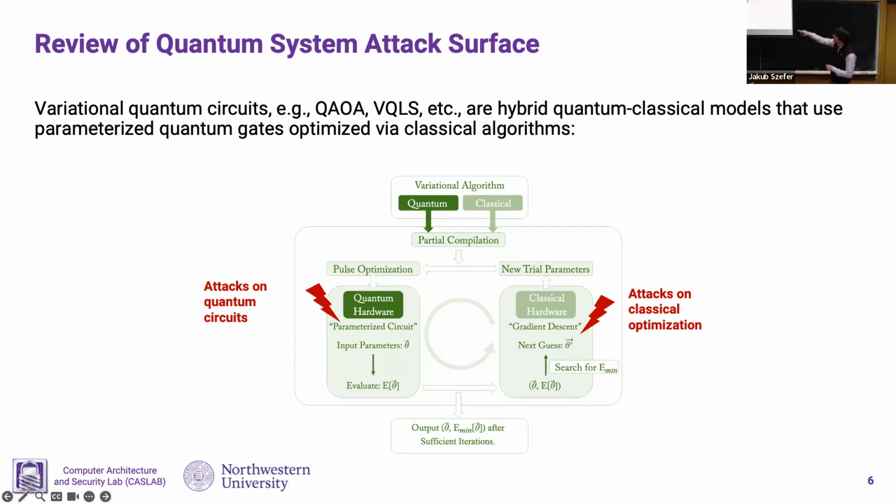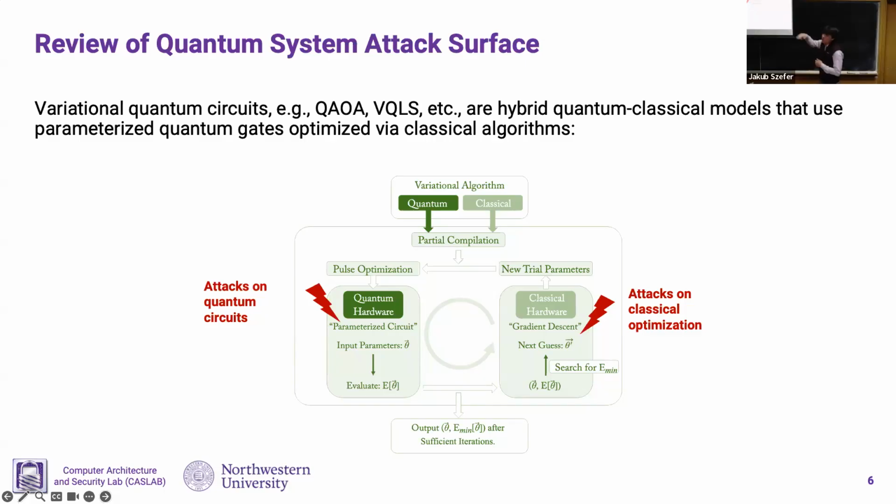Right. So if you have some interaction between the quantum and the classical part, then if somebody modifies the output of the quantum circuit, the optimizer might optimize it wrongly. Or if you do some fault injection on the GPU or CPU that's optimizing, maybe it puts the wrong parameters in the circuit. So yes, exactly.